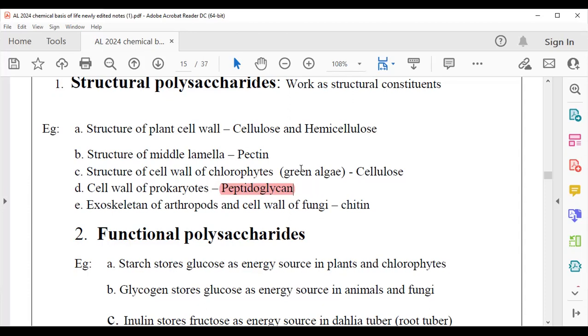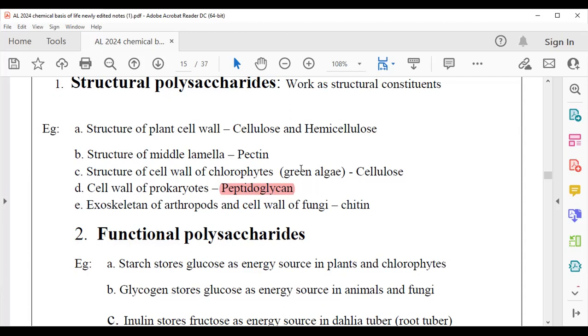Glucosamine's polymer should have nitrogen in its structure. Understood? So nitrogen containing polysaccharides, two are in the syllabus.